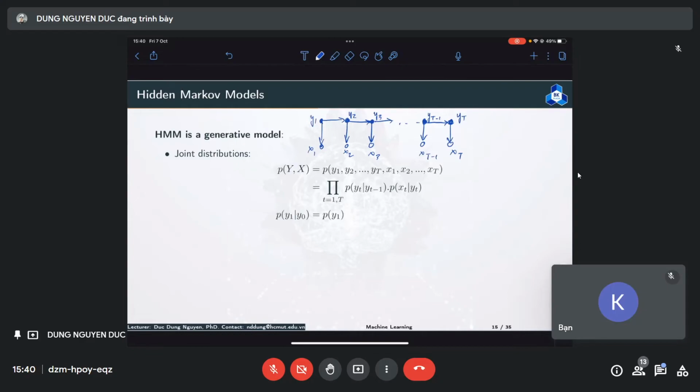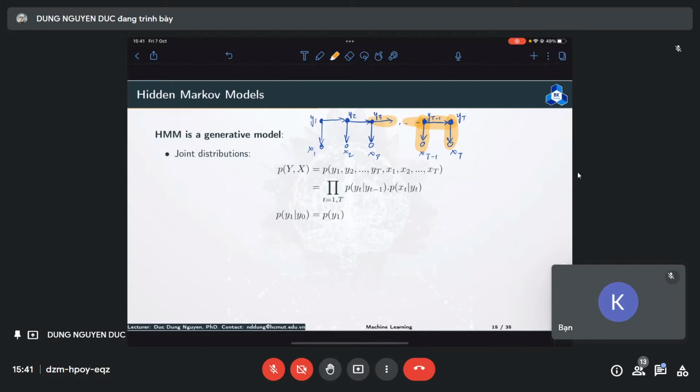Given this graphical model, the joint probability of all the things you are looking at is nothing but the conditional probability of observing xt given yt, multiplied with the probability of transition from yt minus 1 to yt, multiplied with the probability of observing xt minus 1 given yt minus 1, and so on.